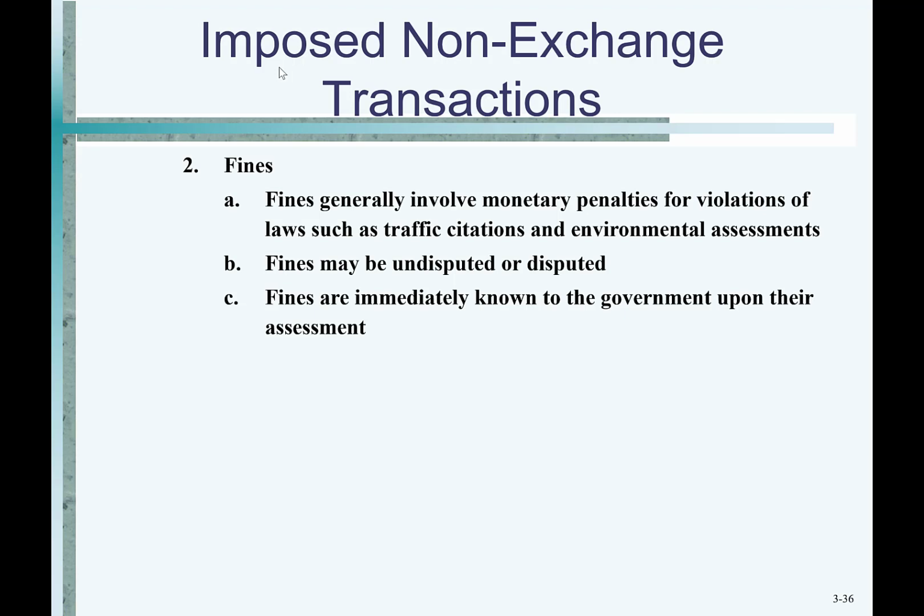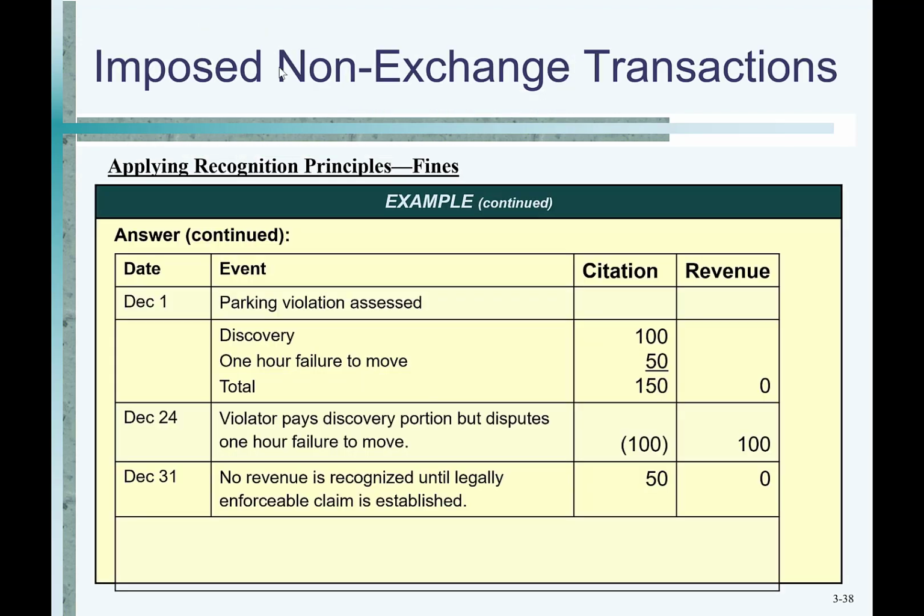Okay, now, when you look at this example with the parking ticket, okay, parking violation upon discovery is $100. 1 hour failure to move is another $50. Now, the violator pays the $100, but disputes the $50. And it isn't until what? So on December 24th, they pay the $100.